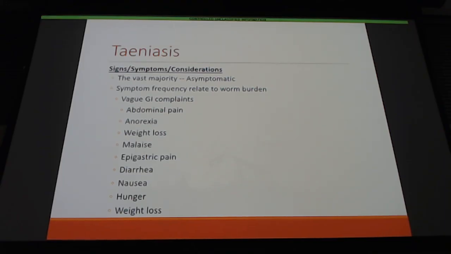On average, if you want to compare the two, saginatum usually causes more symptoms than solium, but obviously because solium has a different process, it may actually be a little bit worse than saginatum.